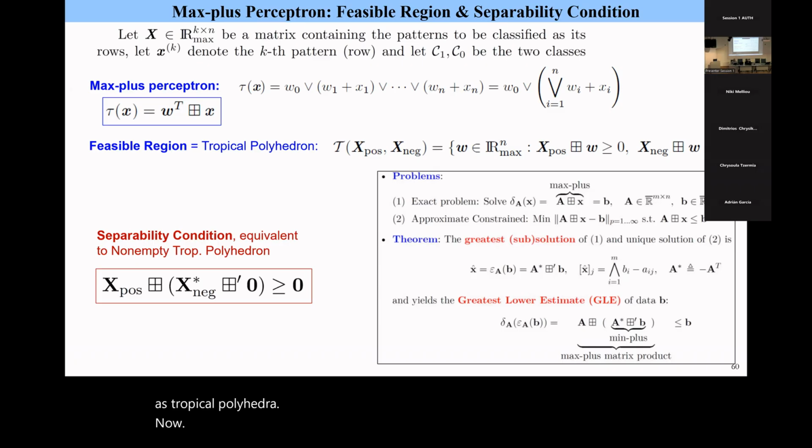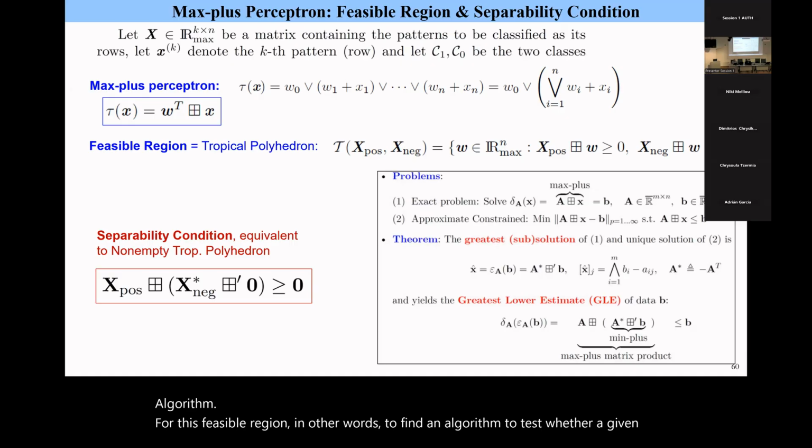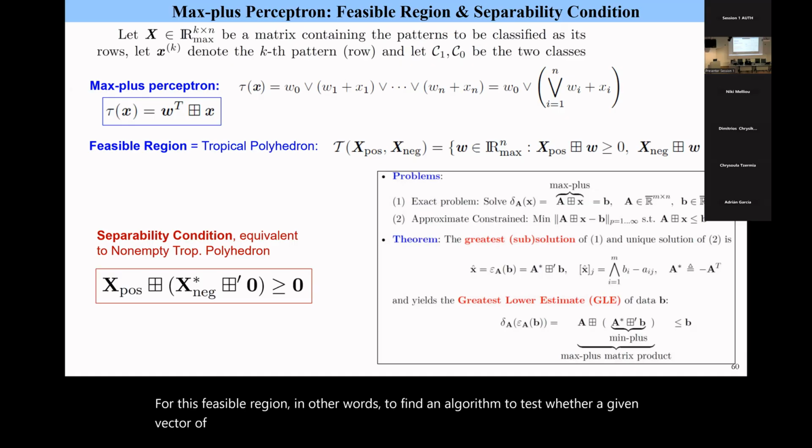Now, to find a more applicable algorithm for this feasible region, in other words, to find an algorithm to test whether a given class of patterns is separable or not, we actually apply this theorem that I mentioned before.